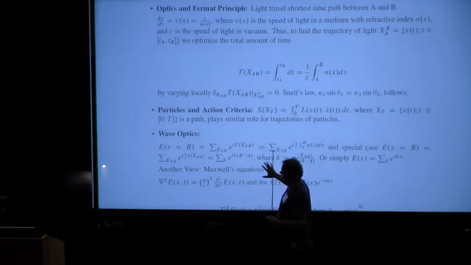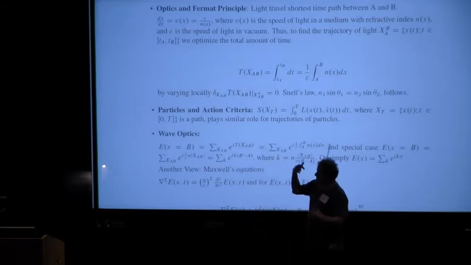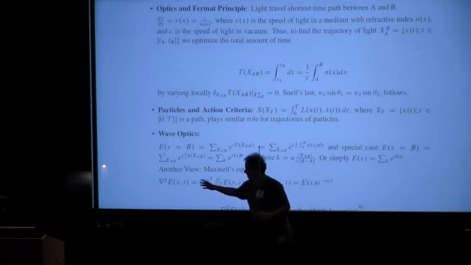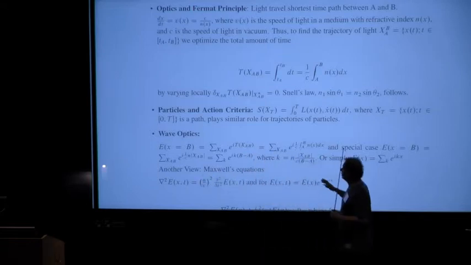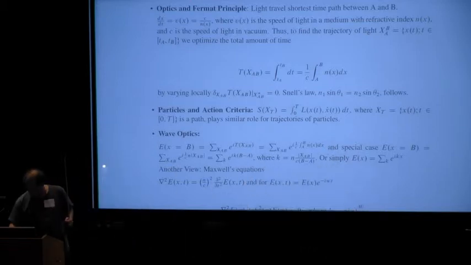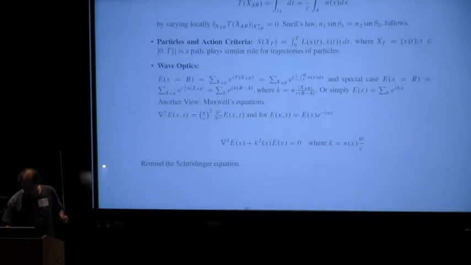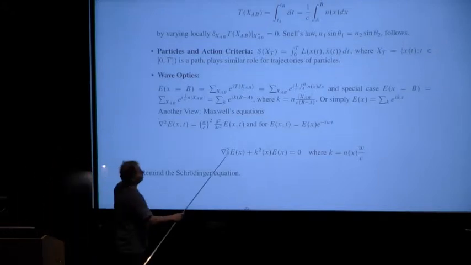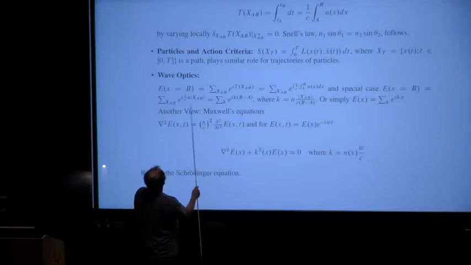Parallel to this, there was Maxwell's equation. If you solve the Maxwell equation in free space, you get an equation for the wave, which is the electromagnetic field. And for stationary solutions, you get equations like this. And sure enough, those equations look similar to those things.